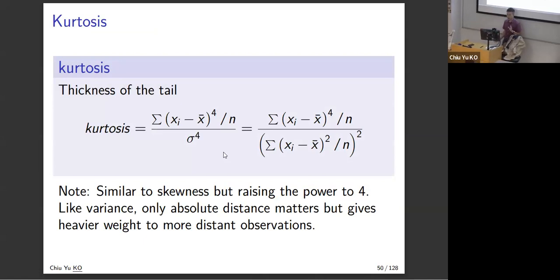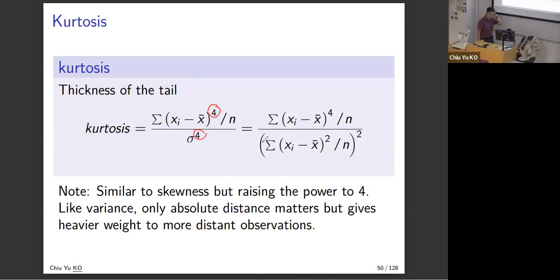Lastly, we have kurtosis. If you understand skewness, kurtosis is nothing new, because if you look at the formula, you just change this from 3 to 4. That's kurtosis. Very simple. There's nothing new here. And you want to ask what this measure is doing.